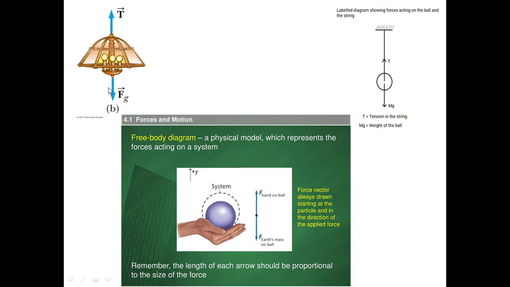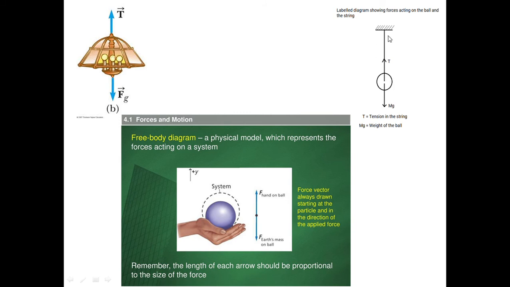The two forces, the weight of the lamp acts towards the earth and the tension is shown by this arrow. So these two forces are equal and opposite, and the lamp is in an equilibrium position.